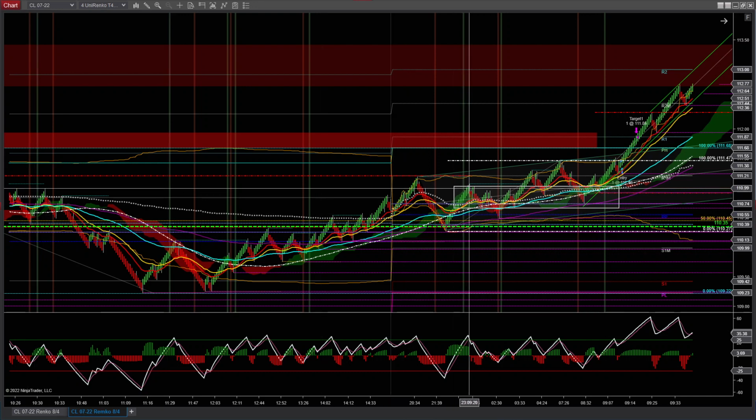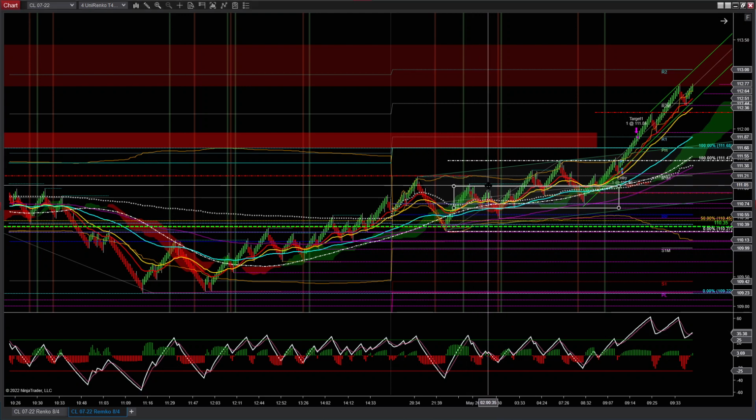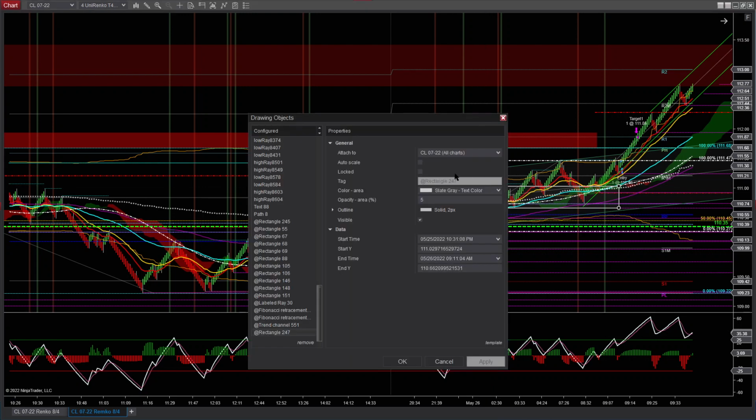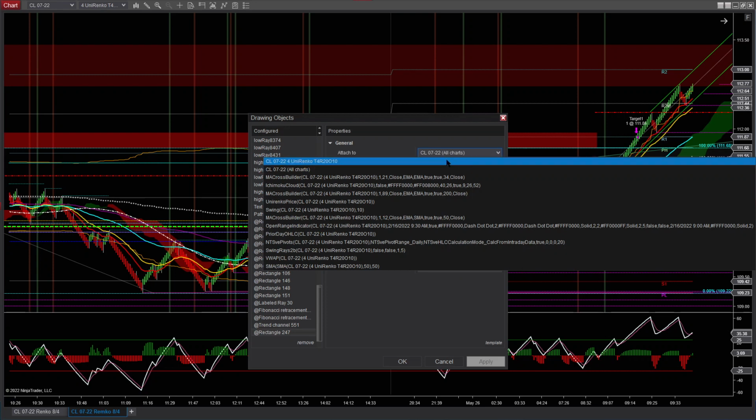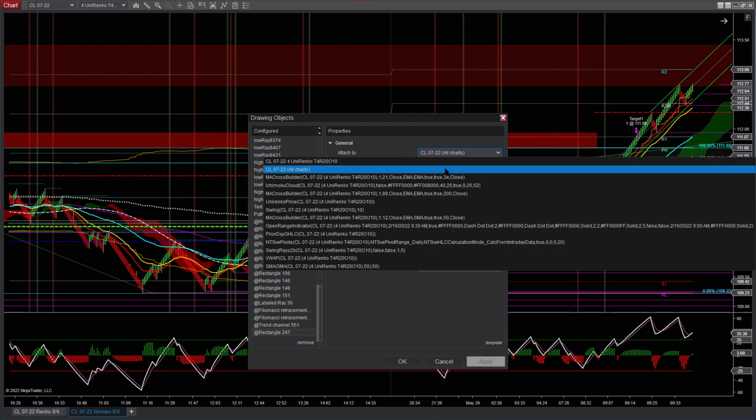See this one here is the one that I painted in the point and figure chart. Let me select it, open it again here, and see where it says attached to. Now you can attach this one to just the current screen, or you can attach it to all the charts that are, in this case, CL.